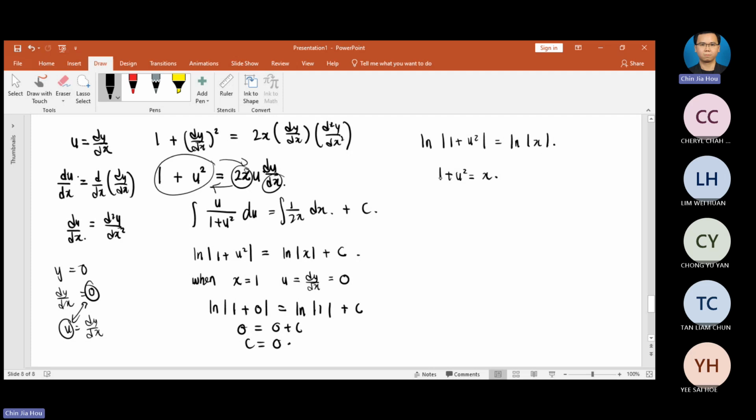Then 1 plus (dy/dx) squared equals x. Then (dy/dx) squared equals x minus 1. Then taking the square root of both sides, we have this.